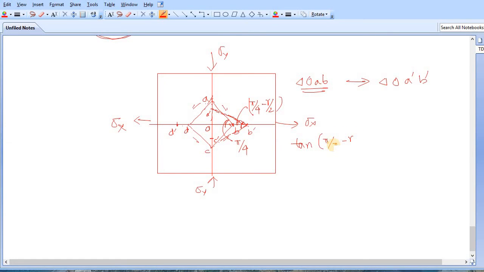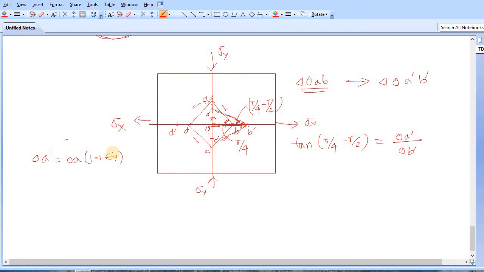Okay, so now if I ask you what is the value of tan of pi by 4 minus gamma by 2, you can say this is your height divided by base. Okay, simple geometry. What is height? Height is your OA dashed, base is the new base, this is your OB dashed. Now what is OA dashed? Let's say OA dashed is OA multiplied with 1 plus epsilon y.